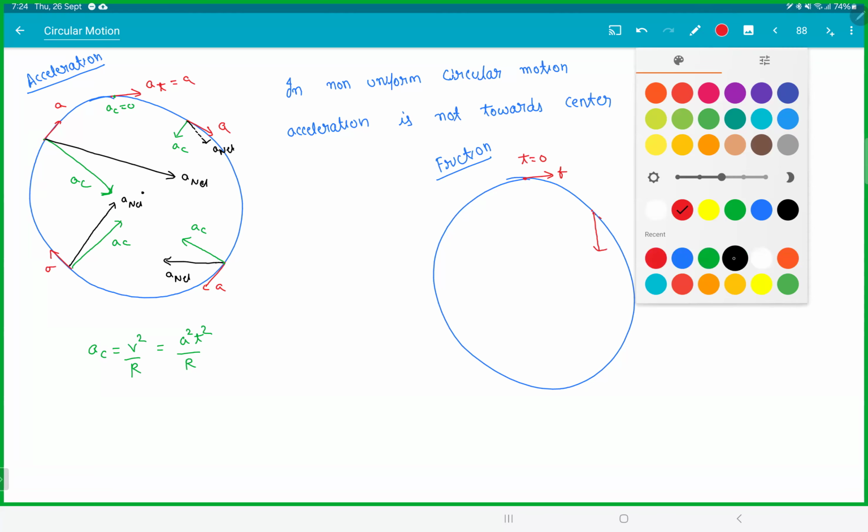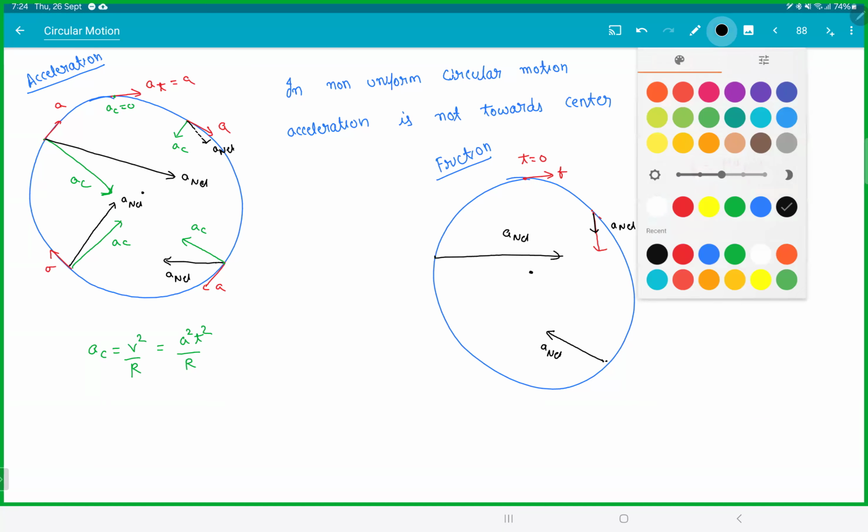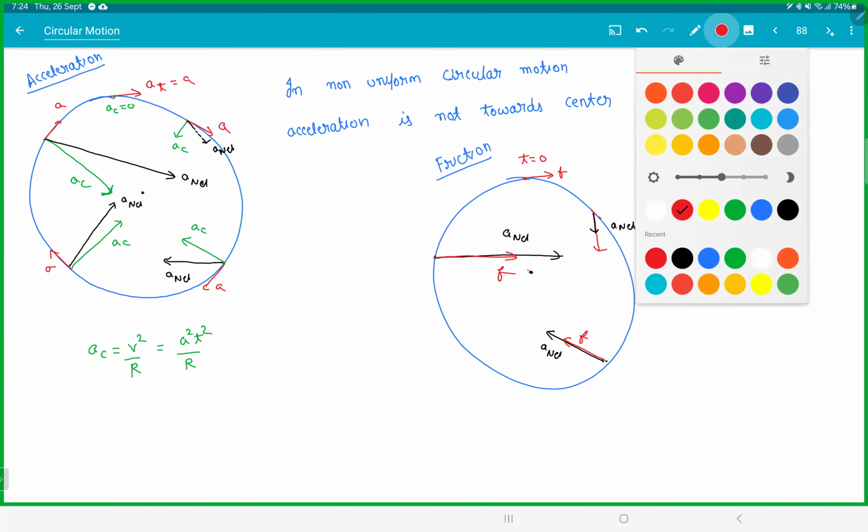Basically, it will be in the direction of a net. When you are here, this is your a net, and when you are here, this is your a net. The a net is becoming bigger and bigger, so your friction also will become bigger and bigger. Friction is making an angle.